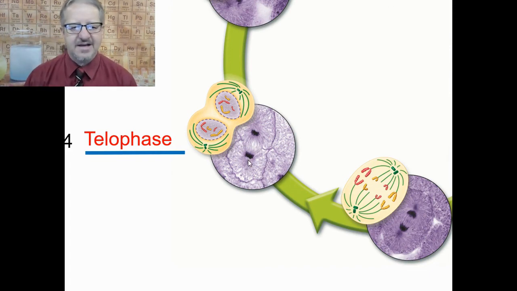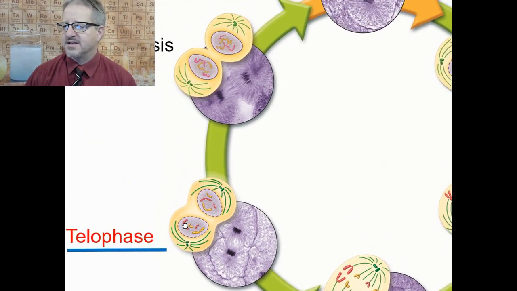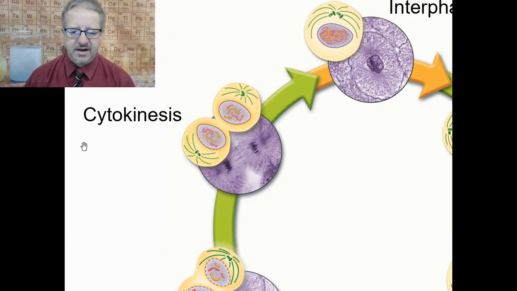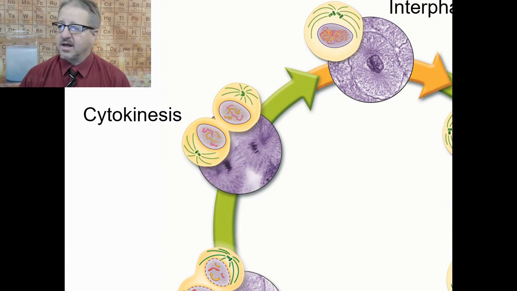It looks kind of like an 8 to me, anyway. Okay. And that's going to bring us to cytokinesis, where we now see the cell actually separating. Okay, and that's cytokinesis. And that is an overview of the cell cycle.